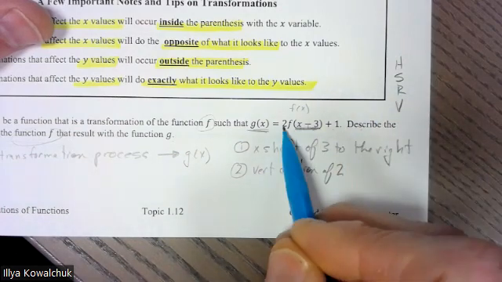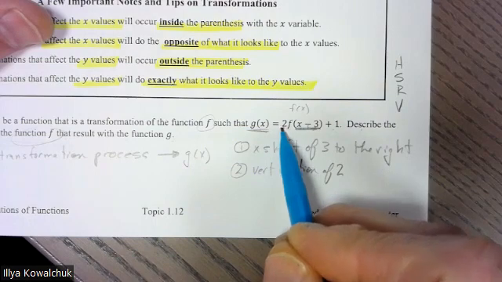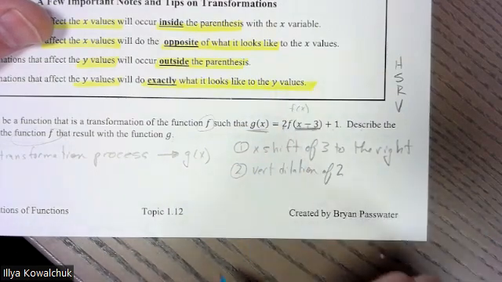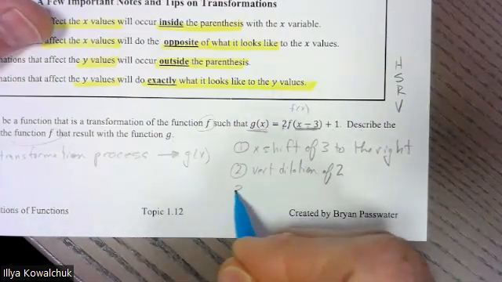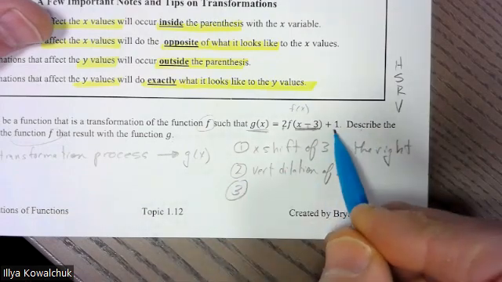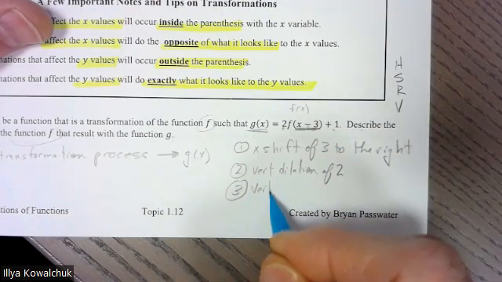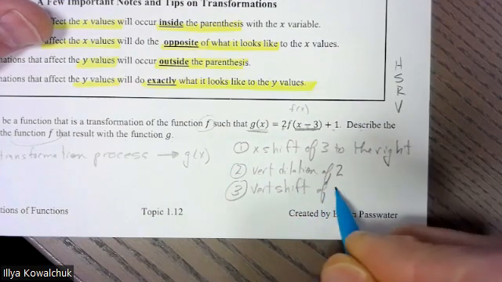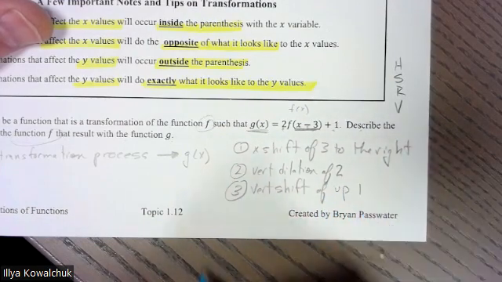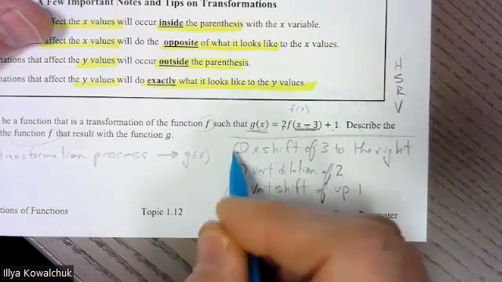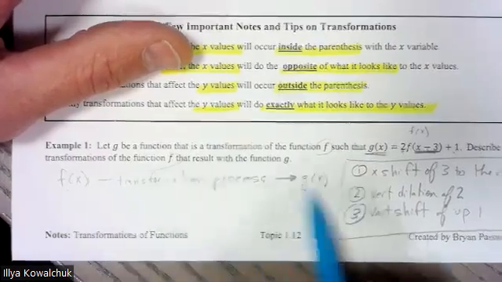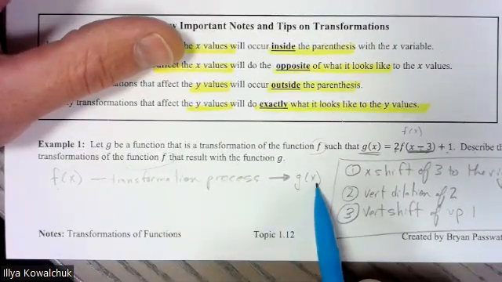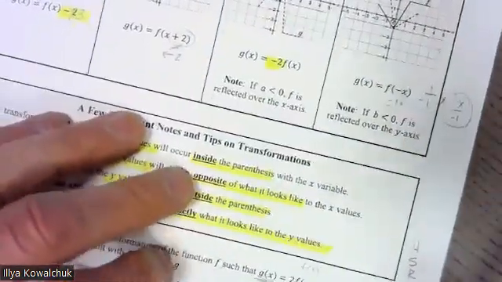It's a positive 2, so it doesn't flip over the axis. It just doubles the distance away from the x-axis, up or down. And then finally, I have a vertical shift or translation of up 1. Okay, this would be the way that we would describe the way that f of x has been transformed to get to g of x. Okay, let's flip over.